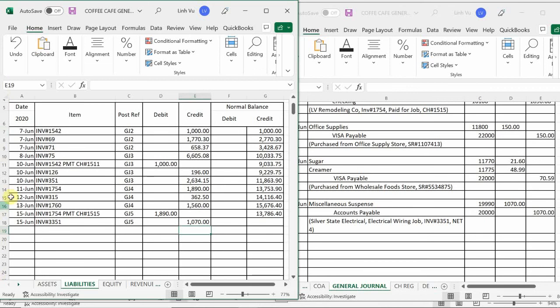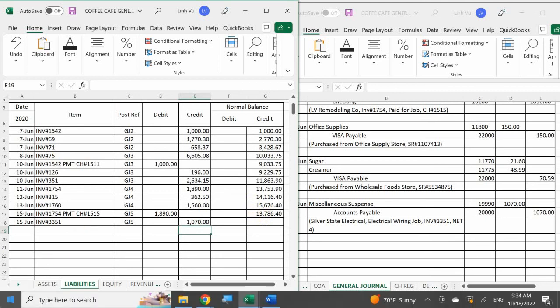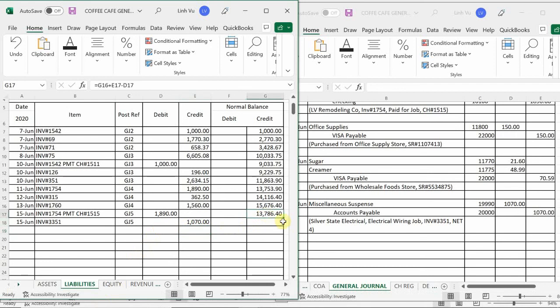Oh, no. So when you made your payment for the LV Remodeling, you're back down to 13,786.40. So that's what happened here, but I just tacked on another bill. How much do I owe now? You need to add the $1,000 to this 13,000. $14,856.40. Good. Okay.